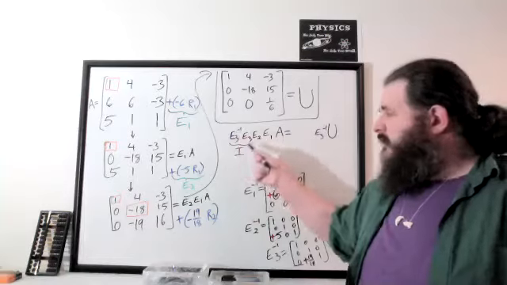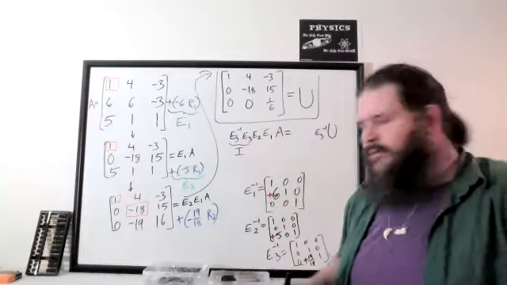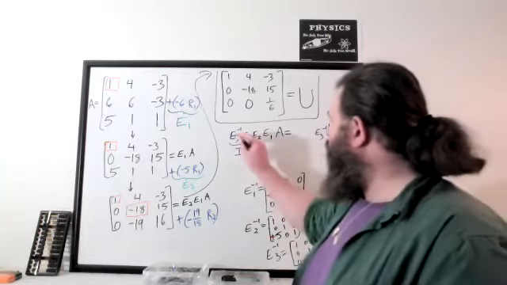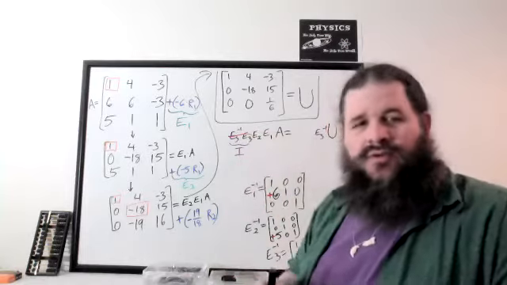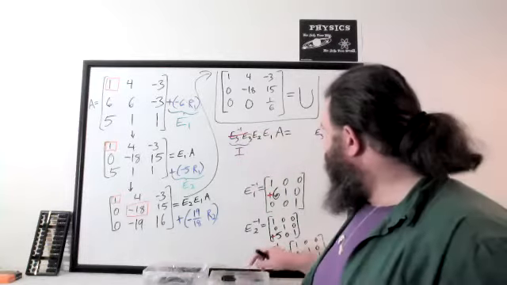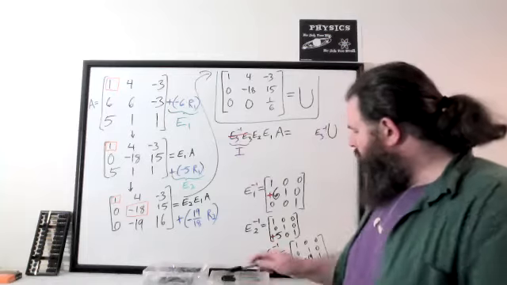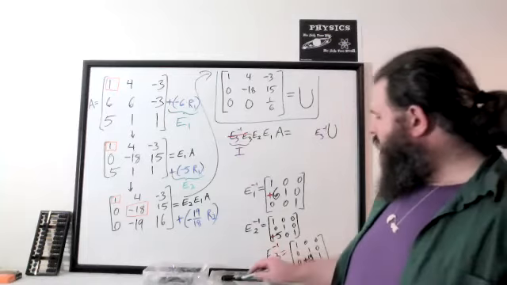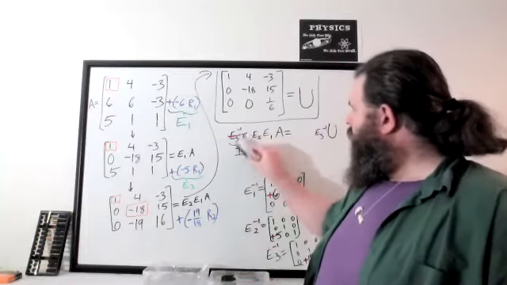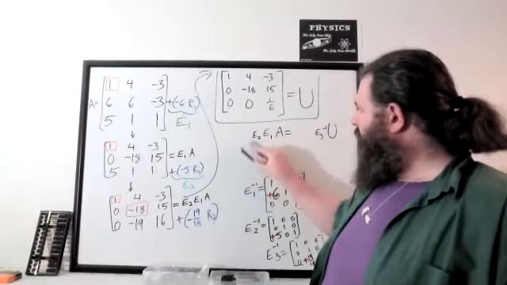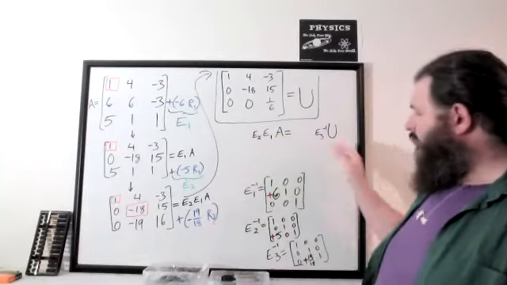So E3 inverse times E3 we can now ignore. Those cancel out to the identity matrix, and that no longer influences the result. And then we now just have E2 times E1 times A equals E3 inverse U.